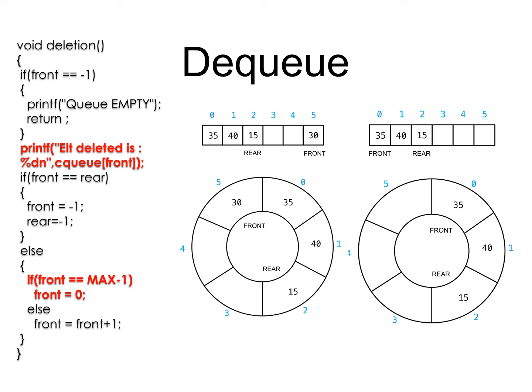Yes, my front is standing in the last position. So what I have to do, still my queue is not empty. More than one element is there. So from the last position, I have to go to the first position to read the next element. So I have assigned front is equal to 0. So after deleting 30, you can see front has come to 35 and rear will be untouched.